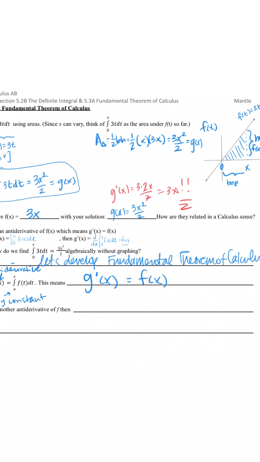So when we talked about antiderivatives in the last semester, we said that antiderivatives differ only by a constant. And so I could have another antiderivative plus a constant, and that could be equal to the other antiderivative because antiderivatives differ only by a constant.